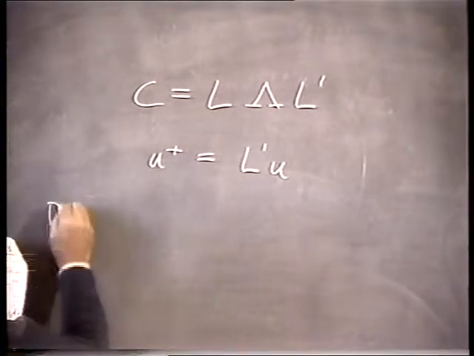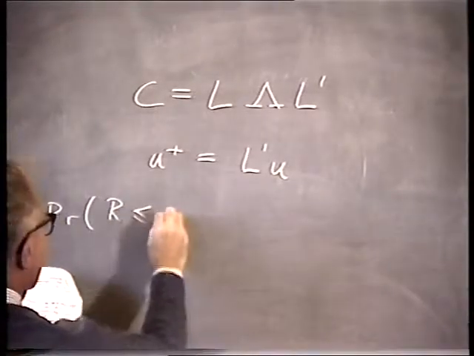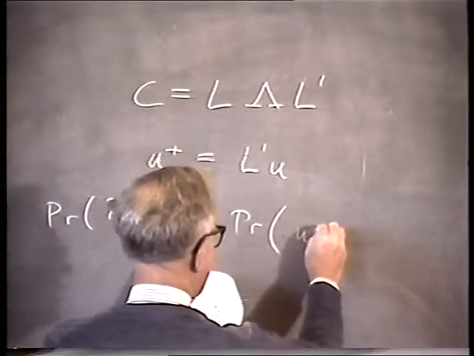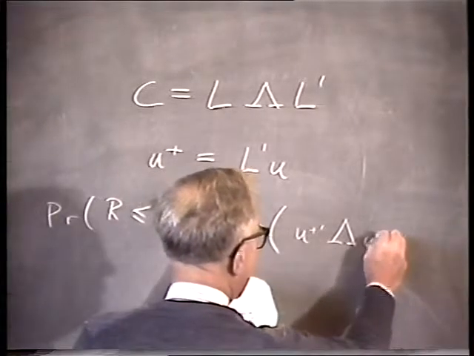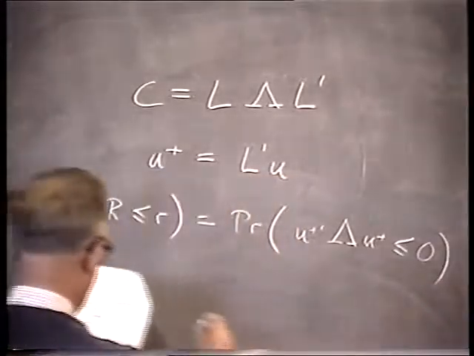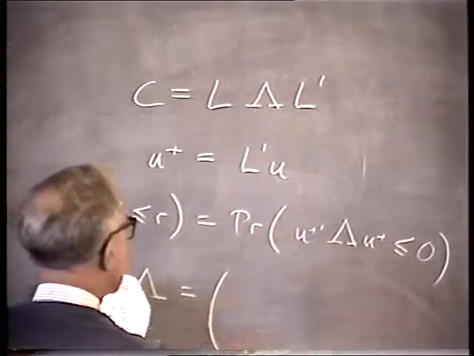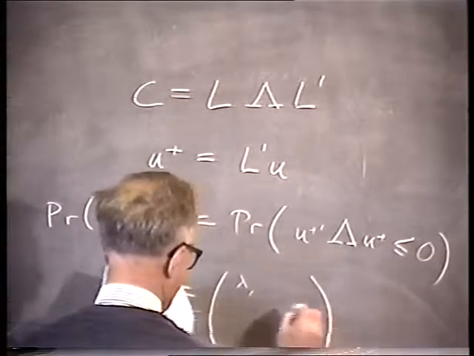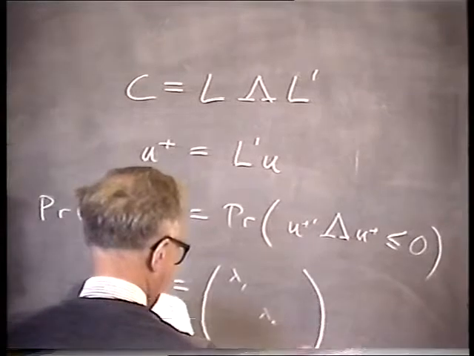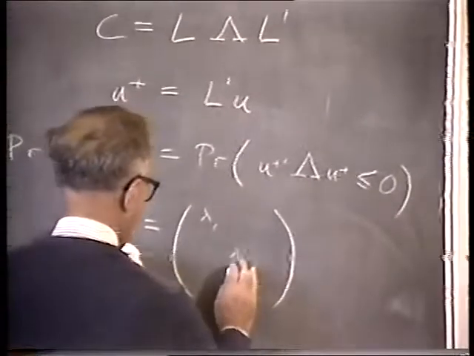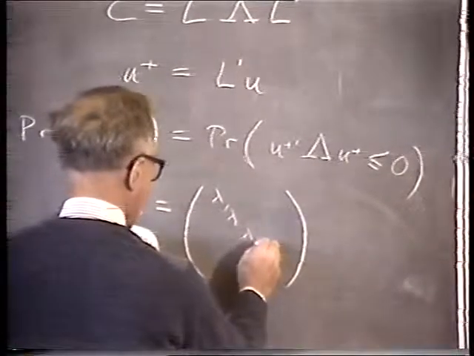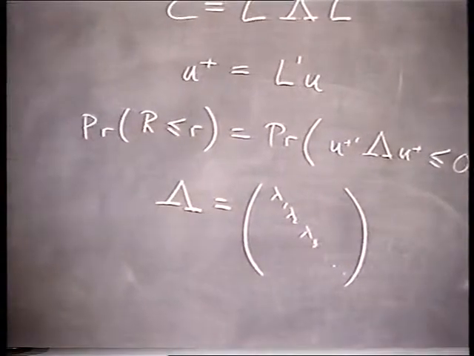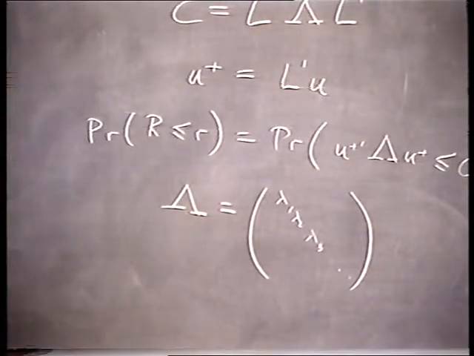And you see that your probability that r is less than or equal to R is the same as the probability that u dagger prime lambda u dagger is less than or equal to 0, where capital lambda is the diagonal matrix with elements lambda 1, lambda 2, lambda 3, and I won't specify what the dimension of lambda is, though of course it's the same as the dimension of the vector u.